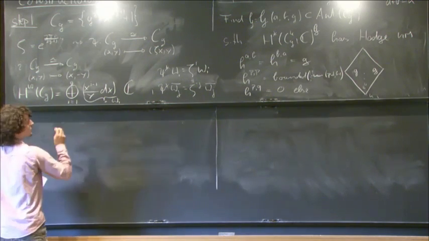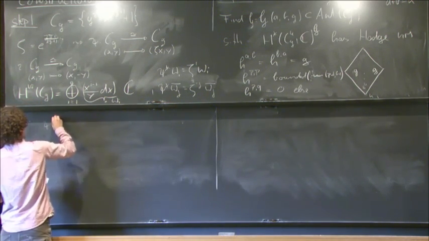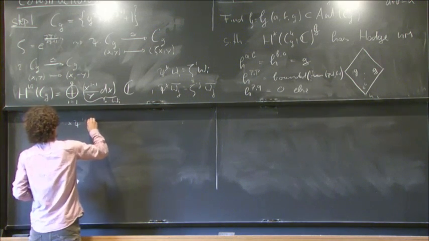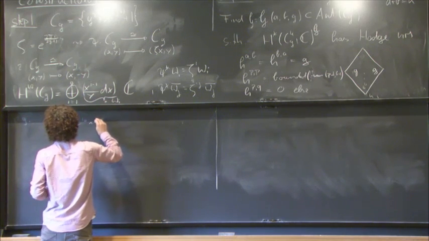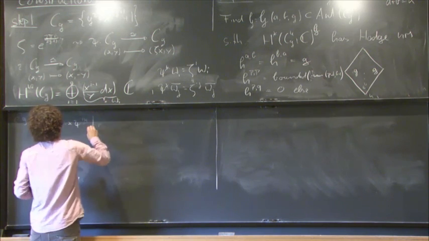So one typical example of an element in G would have the following shape: psi^{a_1} on the first factor up to psi^{a_n} on the last.